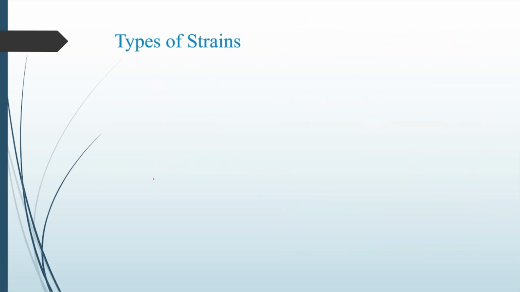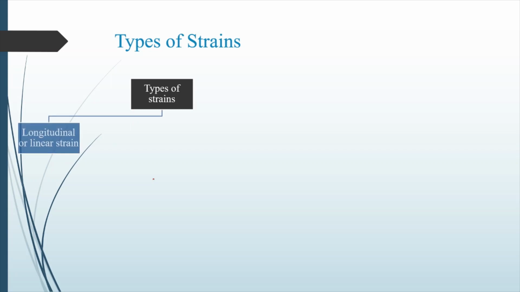So now we'll see types of strains. Similar to types of stresses, there are types of strains. So first one, longitudinal or linear strain. It is along the length. Then that longitudinal or linear strain is again classified into two types, that is tensile strain.